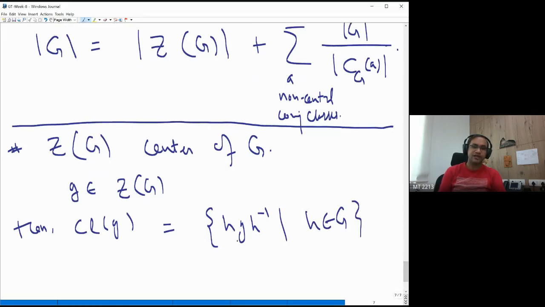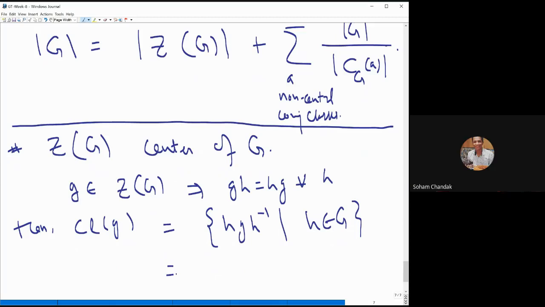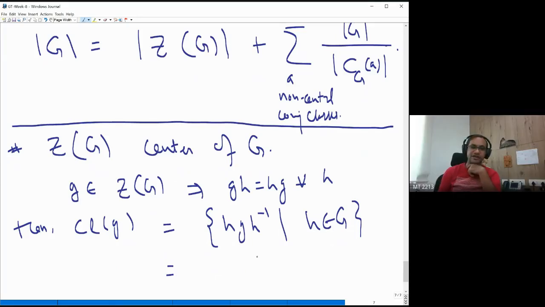Now I know that G is in the center. So this implies that GH is HG for all H. It will cancel out basically, and I'll get a single element G. Is that clear?